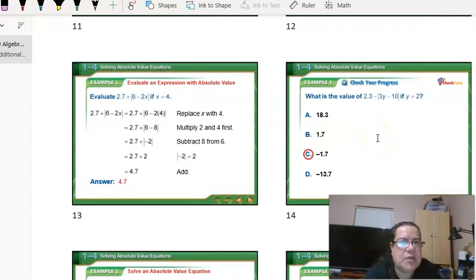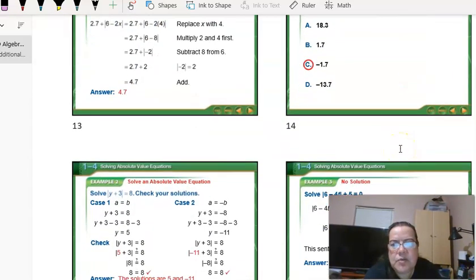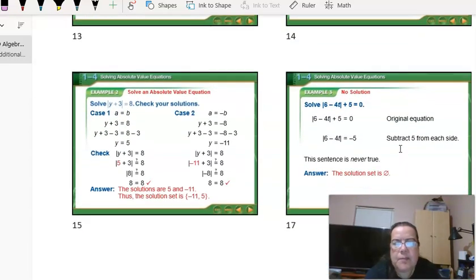Here are some sample questions. I already worked out an example similar to example 1. So I'm going to continue on to some of the others. Now, there is a situation where you have 2 possible cases, because, for example, in this particular equation here, you have the absolute value of y plus 3 is equal to 8.